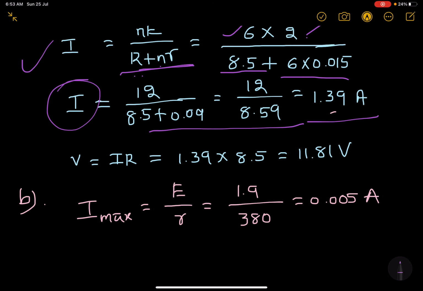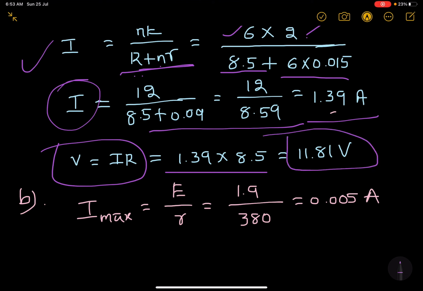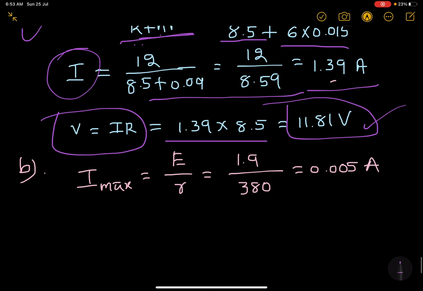Actually we want the terminal voltage, V = IR. The current we already got, 1.39, into the resistor 8.5. Simple multiplication gives 11.81 volts.